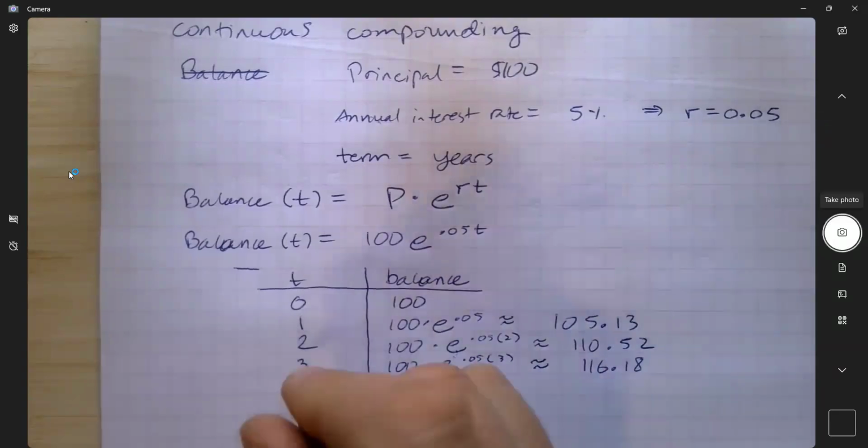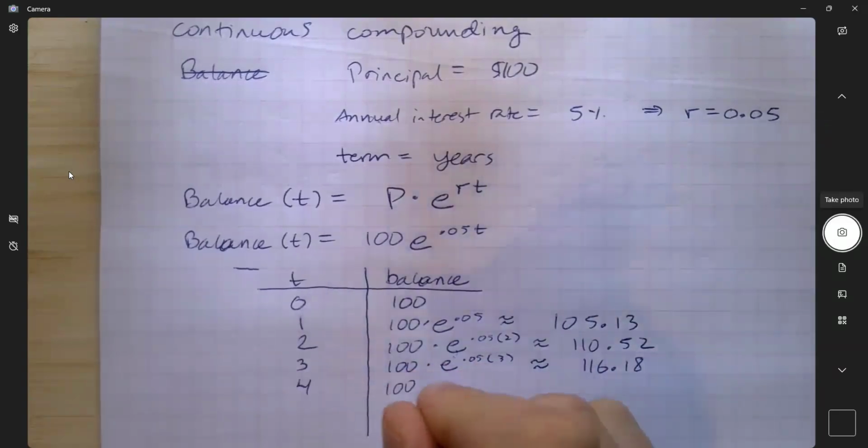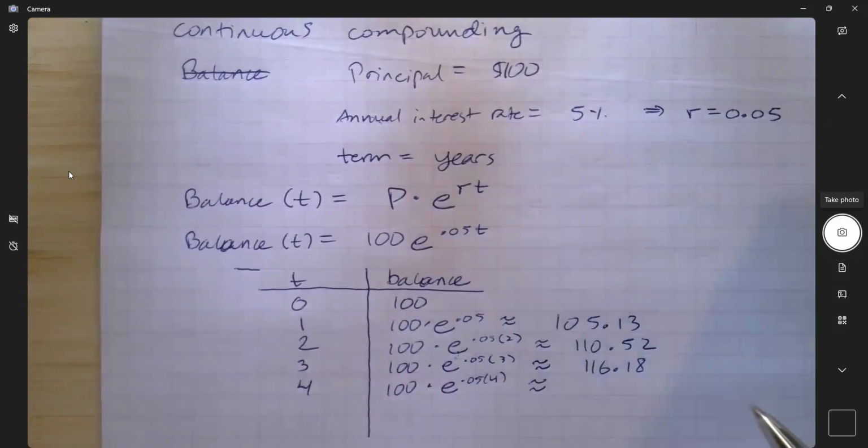And after 4 years, 100 times e to the 0.05 times 4, is 122.14, which is the largest of all of them. The natural exponential base will give you, with a general annual interest rate, if you compound continuously, the largest numbers, but not by much.